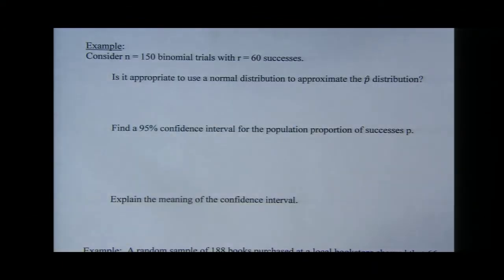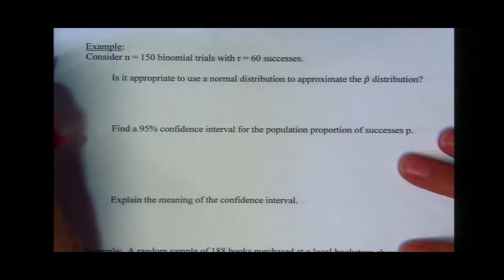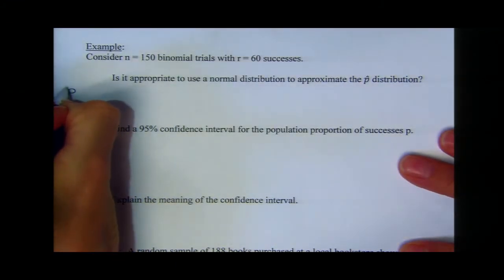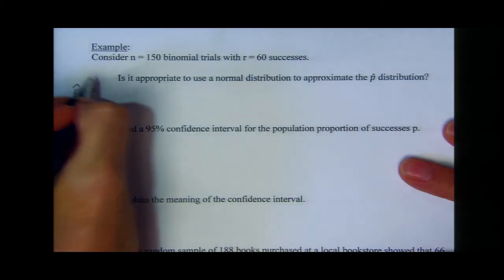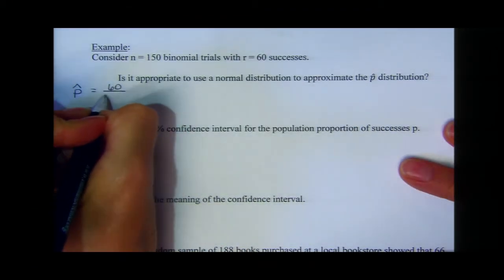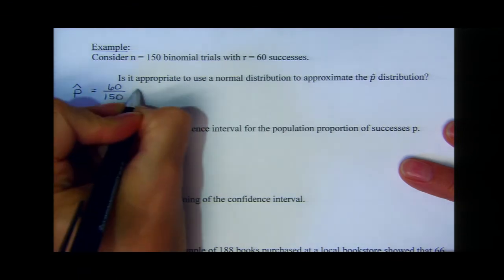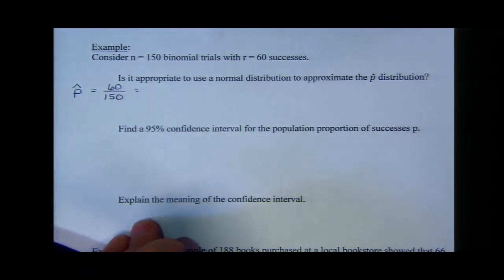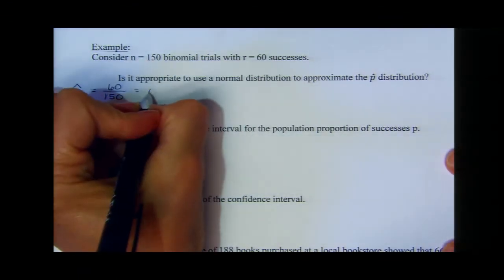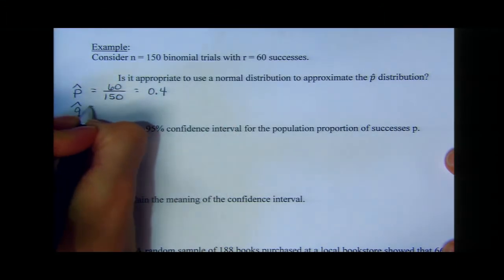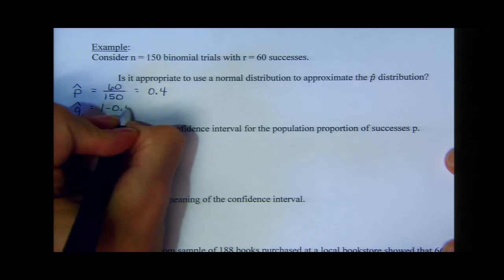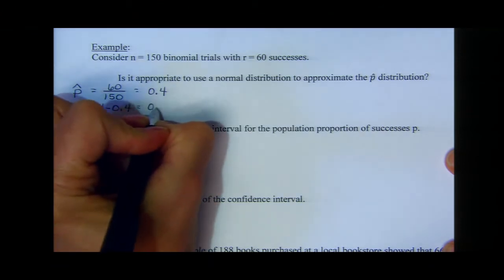So the first thing that we need is P hat. And P hat is R over N, 60 divided by 150, which is 0.4. And then Q hat is its complement, which would be 0.6.